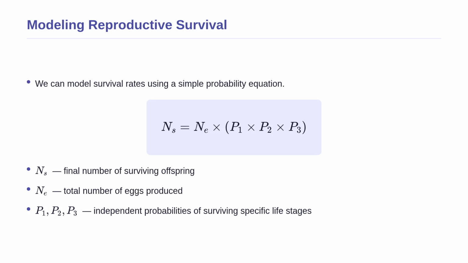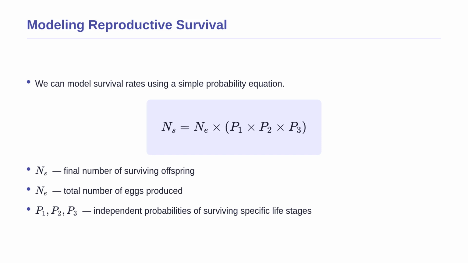To truly grasp this reproductive strategy, we can look at the mathematics behind it. This formula models the survival rate of a parasite's offspring. The variable NS represents the final number of surviving offspring that successfully infect a new primary host. NE represents the total number of eggs produced by the adult parasite.